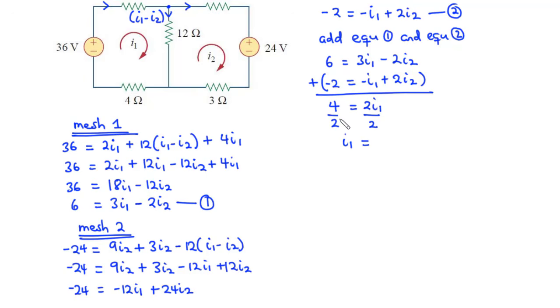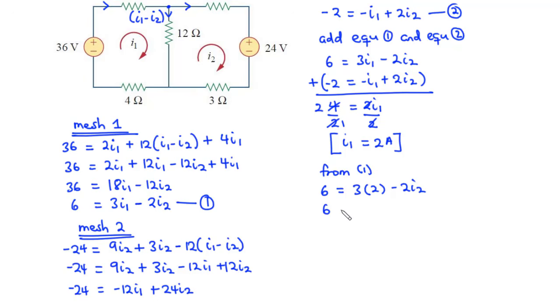I1 to be equal to 2. So we have I1 to be equal to 2 amperes. Now let's put the value of I1 into any of the two equations. So we can simply put I1 into equation 1. So from equation 1, we have 6 equals now 3 times I1, which is 2, minus 2I2.